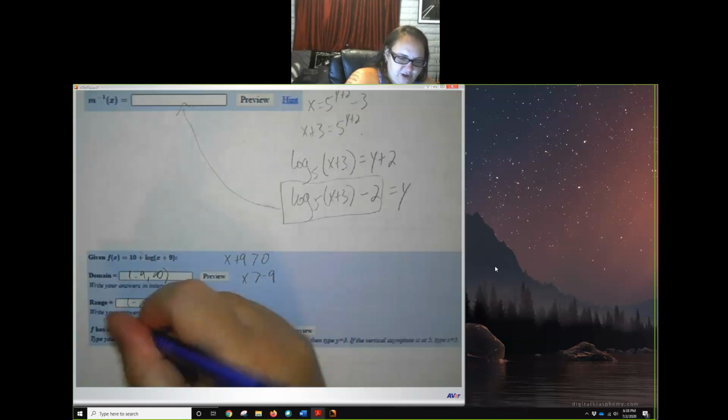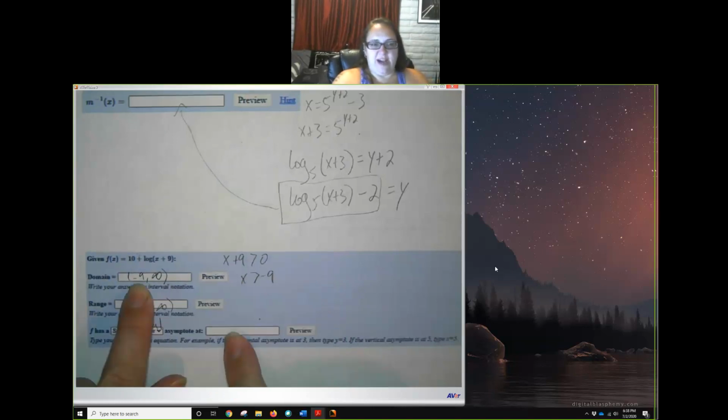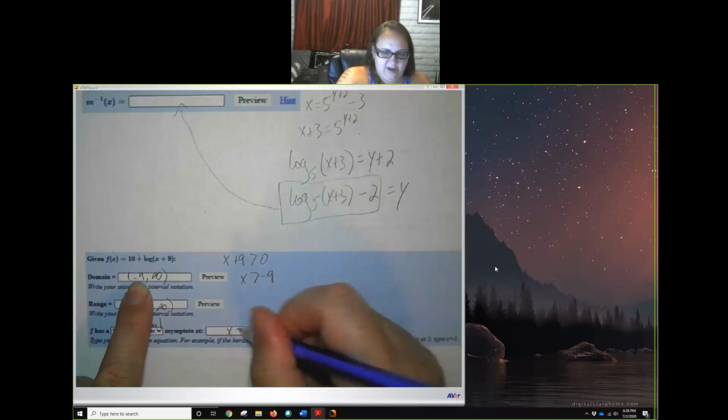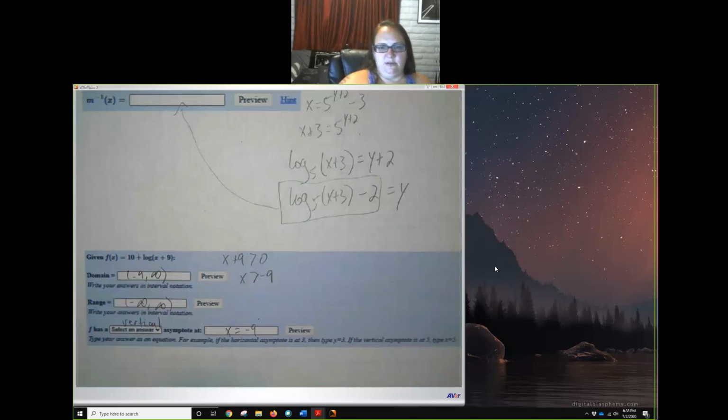So this would be vertical asymptote at this number right here, so at x equals negative 9. So whatever you get right there, that's where your vertical asymptote is. And for logs, it's always a vertical asymptote. For exponentials, it's always a horizontal asymptote. For logs, it's always a vertical asymptote. And then your number here is always whatever number you got right there.